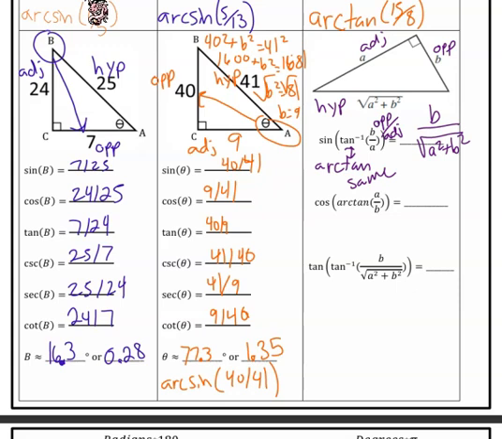On this one, we have cosine of arctangent of A over B. Well, in this case, A has to be opposite and B is adjacent. And the longest side is still the hypotenuse. Cosine is adjacent over hypotenuse, so that's B over the square root of A squared plus B squared again.